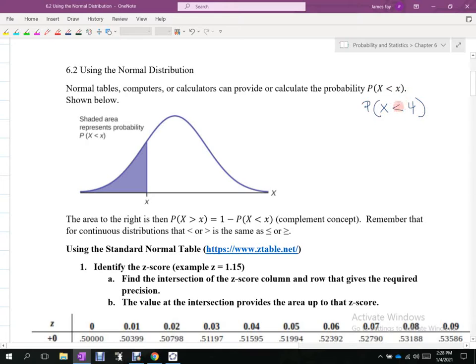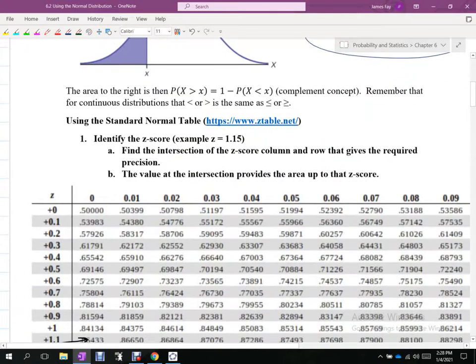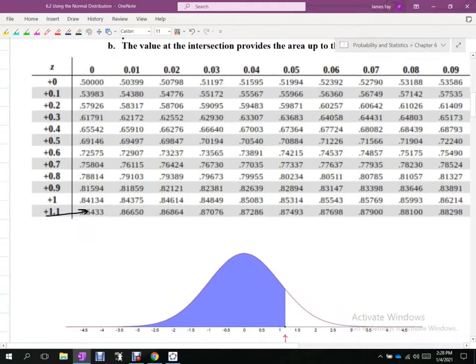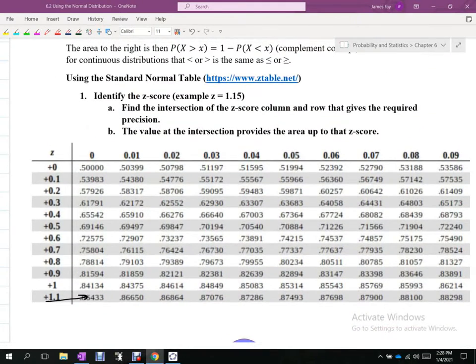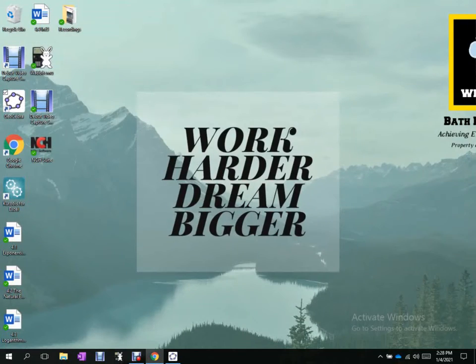What is easier is to convert that 4 down to a z of 1.67. Now that one is easier to answer, and that one can be answered using a table like this. Or if I want 1.67, we talked about using this table the other day. I accidentally closed that.